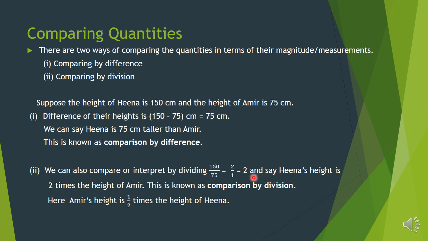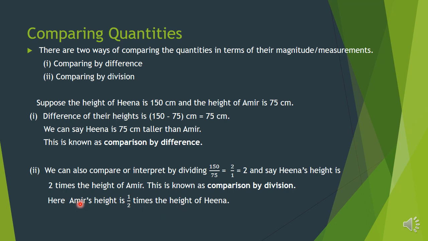Here we can also say Amir's height is, we have to say Amir's number here. Amir's height is 75 centimeter and against 75 in the answer, what number did we get? 1. So if we start with the word Amir, Amir's height is 1 by 2 times the height of Hina.